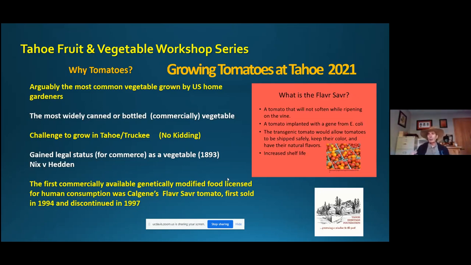It could be shipped long distances in hot weather without it breaking down. It had a tremendous shelf life. The downside was that they introduced a gene from E. coli, the one that makes everybody sick. And so that kind of negated any advantages in terms of public acceptance of this. And it was discontinued in 1997.